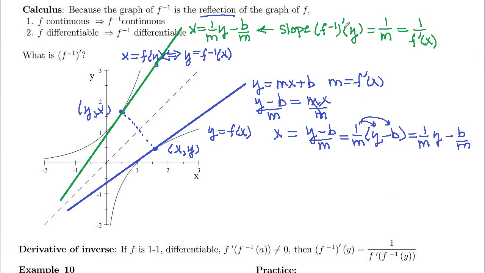But we rewrote this as inputs in terms of y. So what is that x? Well, y is f inverse of x. So x is going to be f inverse of y. So I can write this as 1 over f prime, and then for my x, I can write f inverse of y.